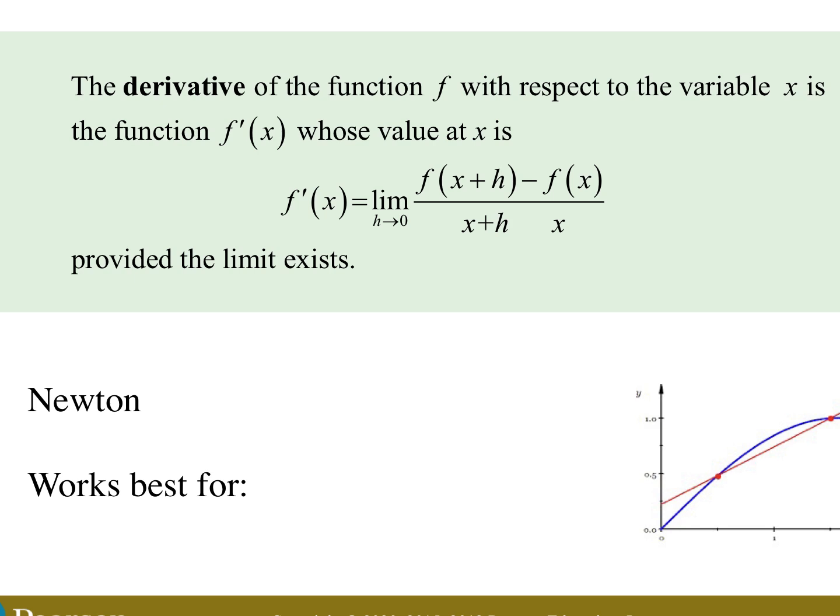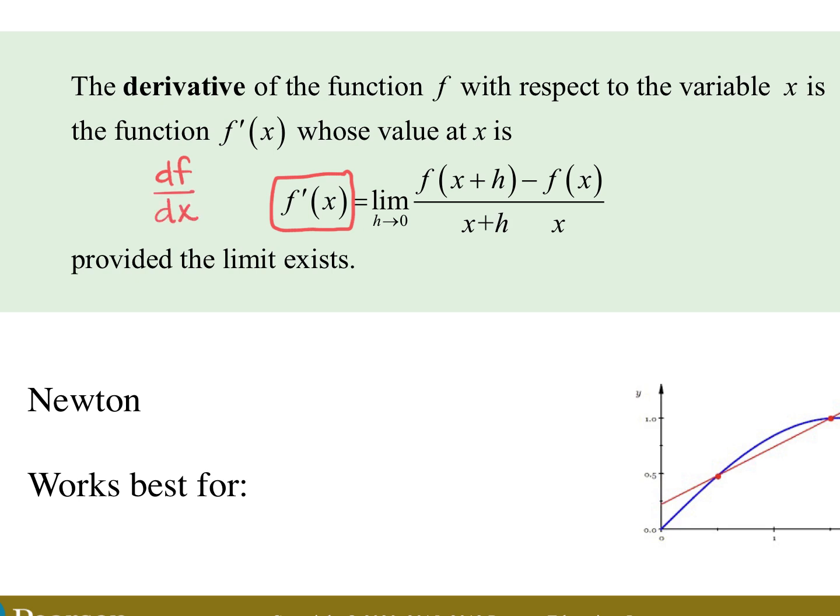Newton came up with the notation of prime. So this is Newton's notation for the same thing. We read that as prime. We say f prime of x, which is the exact same thing as the derivative of the function, whereas Leibniz put his as a fraction like this.